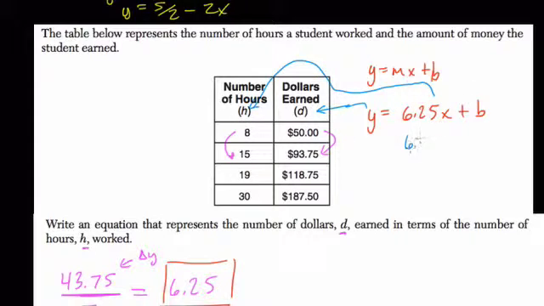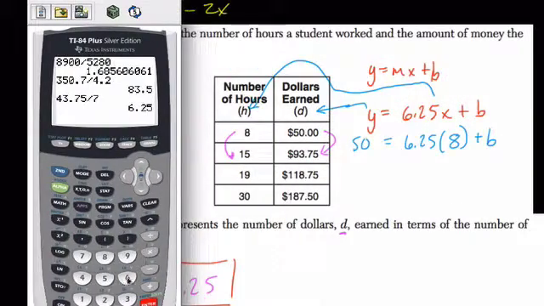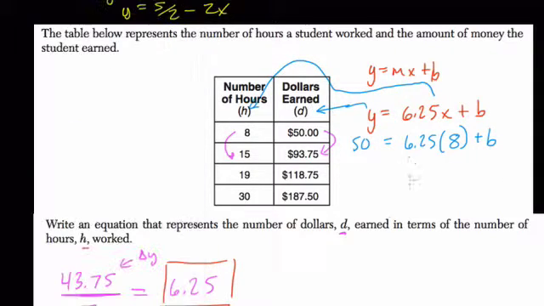So here we have 6.25 times 8, and that has to equal 50 when we add b. 6.25 times 8 is 50, right? And so 50 plus b equals 50. If we subtract 50 from both sides, we get b equals 0.